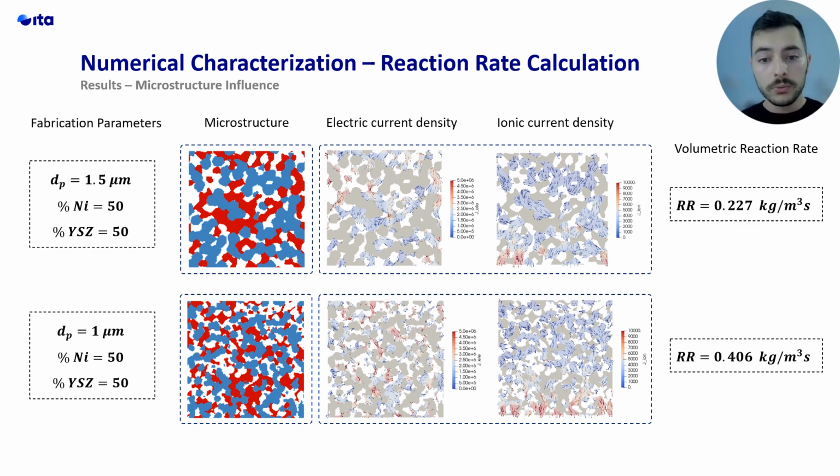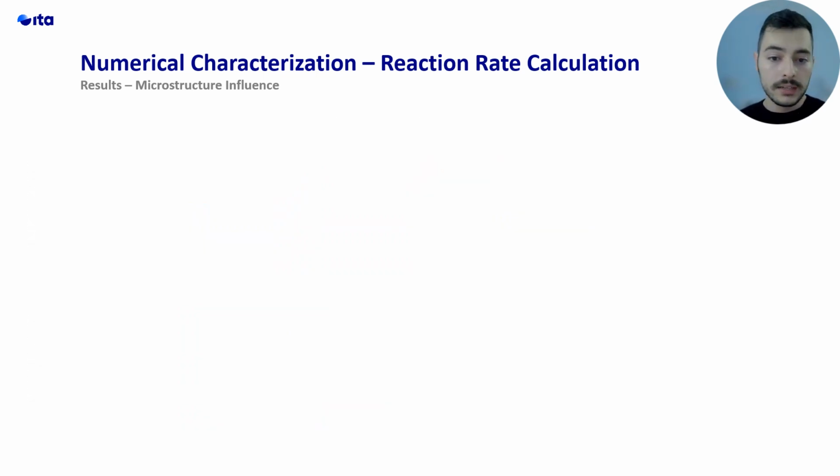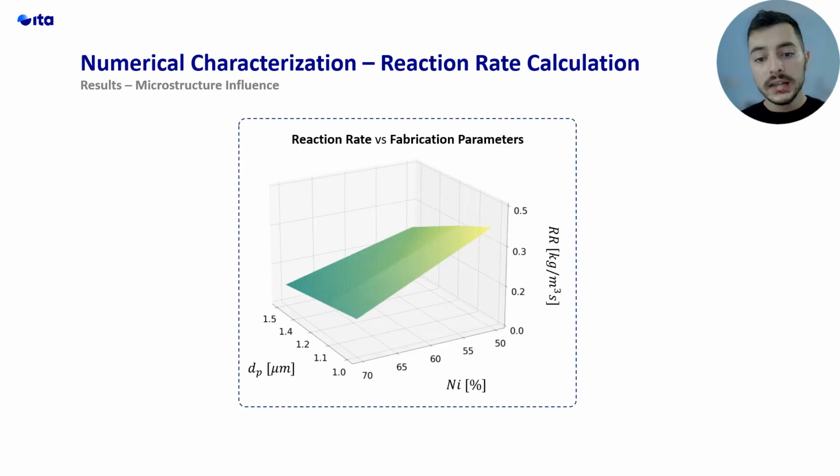In this way, we can see how different input parameters affect the final reaction rate of our model. And finally, if we apply this methodology to a full design of experiments, it can help us identify the optimal parameters that maximize this reaction rate, for example.